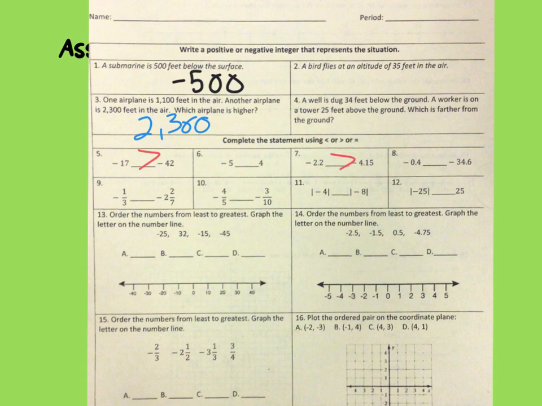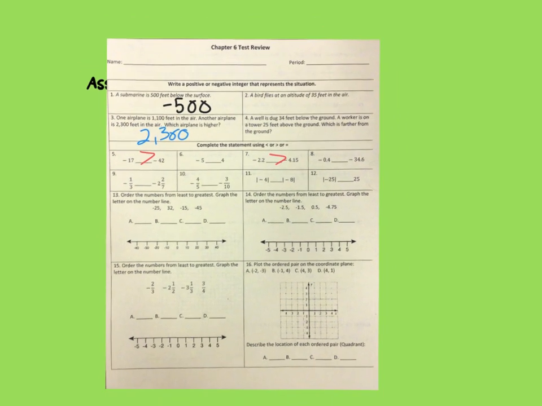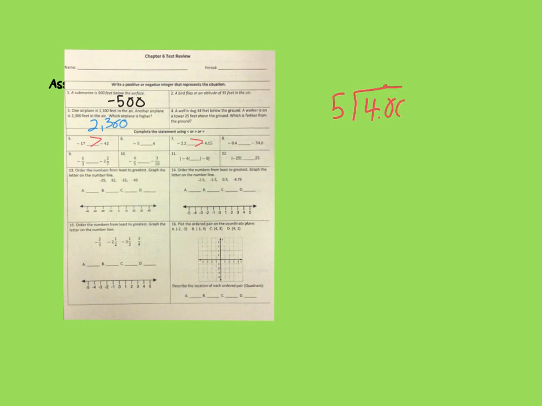Now, when we get into fractions, sometimes those can be a little bit more difficult, but if you can remember that it's pretty simple to change a fraction into a decimal. So I'm going to do number 10. That's saying 4 being divided by 5. Well, how many times does 5 go into 40?